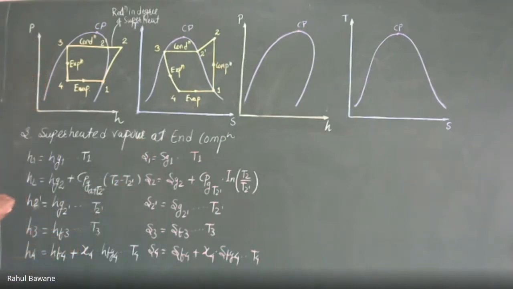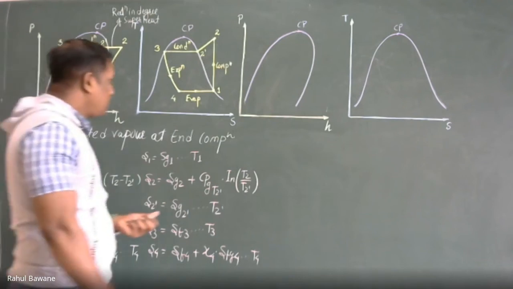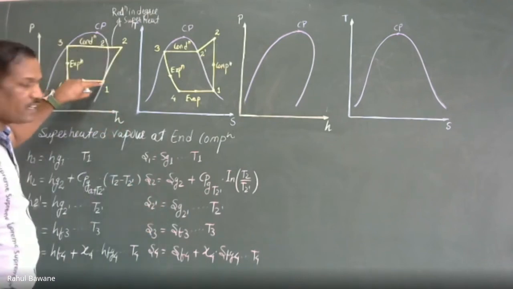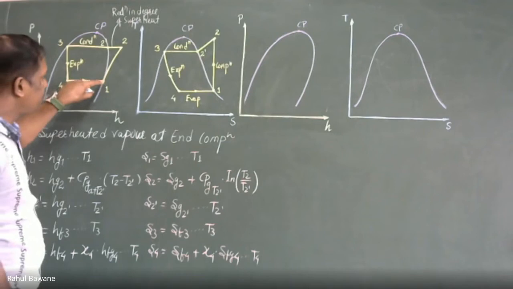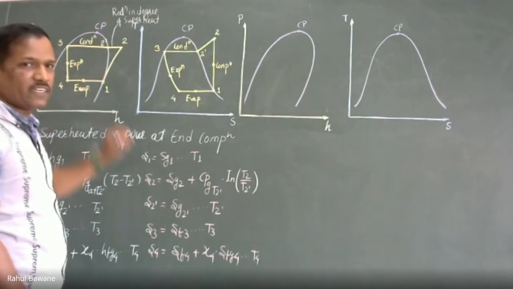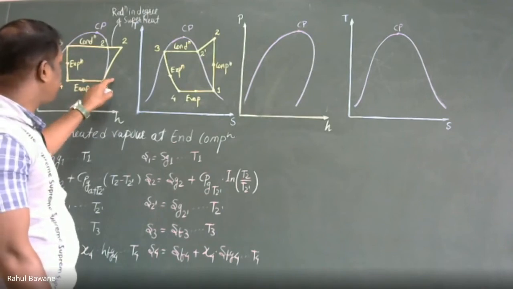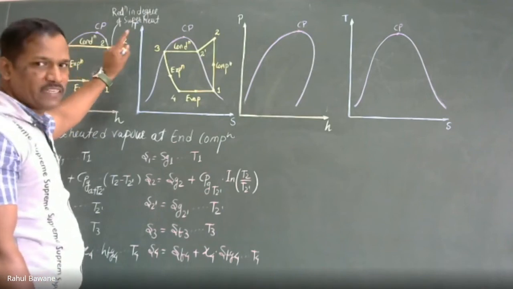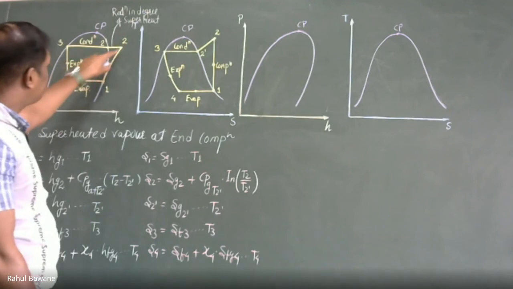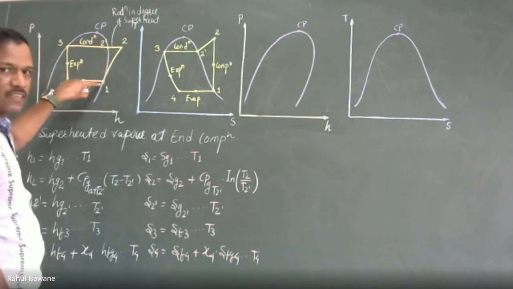The next is, imagine here the entry is at saturated, but imagine if the entry is itself a superheated condition. So no doubt, if entry is superheated, definitely exit will be superheated. Here exit is superheated, but entry is dry saturated.